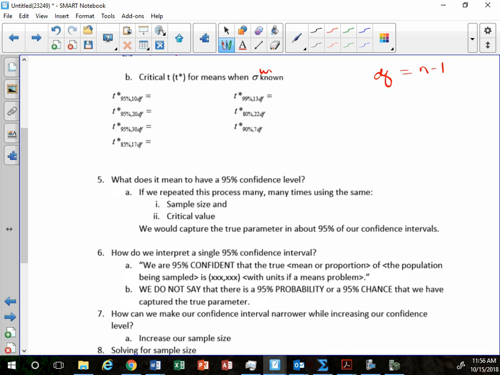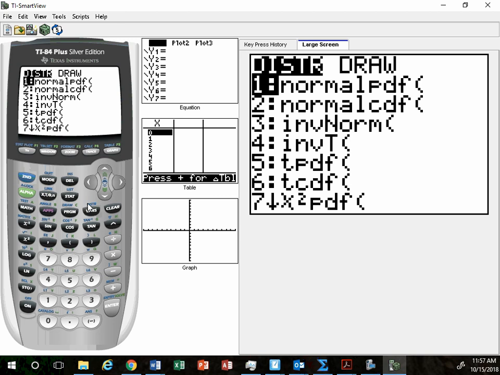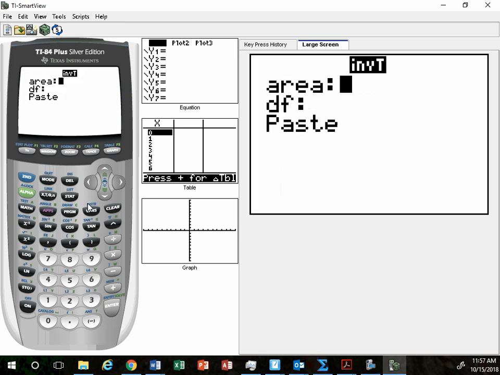So for the first one there, T-crit 95%, degrees of freedom 10. Let's look at that. So we're going to go back to that second VARS menu. I'm not going to pick inverse norm this time. I'm going to pick inverse T because that's the type of distribution we're talking about. And look, it asks you kind of different questions, okay?